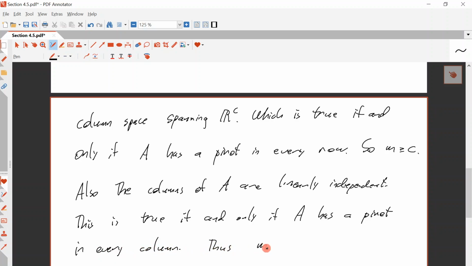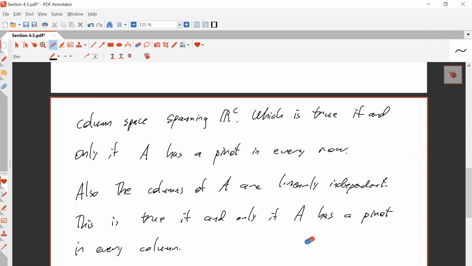Thus, M is less than or equal to C. Every pivot takes up a column. Every pivot takes up one row and one column. So you can't have more than, I think I've got these inequalities wrong. Also, the columns in A are linearly independent, and this is true if and only if it has a pivot in every column.